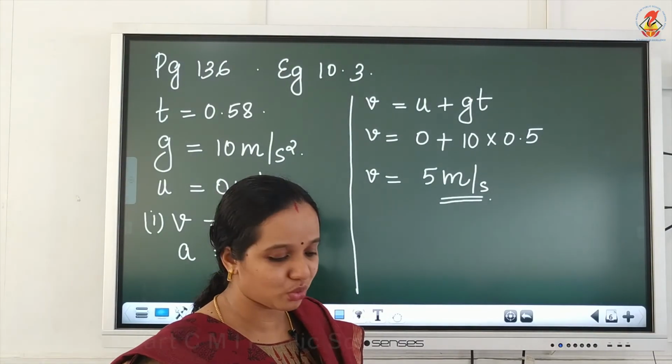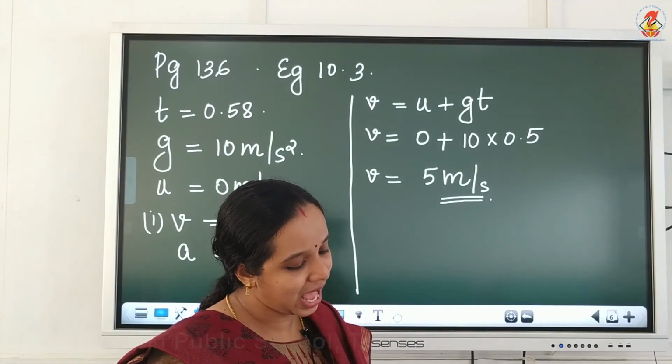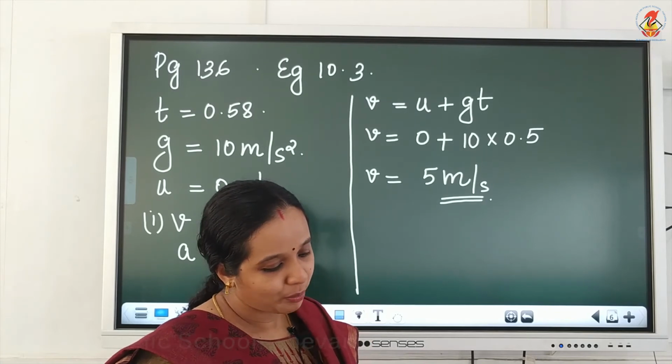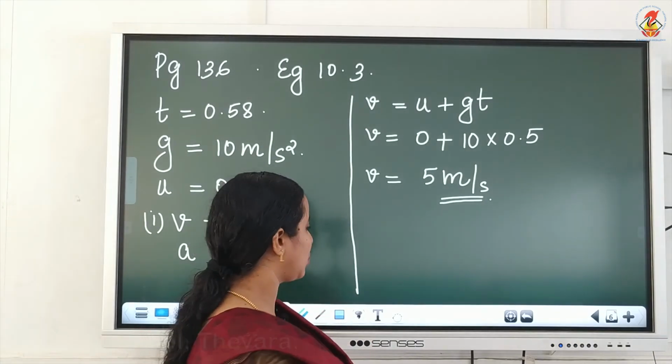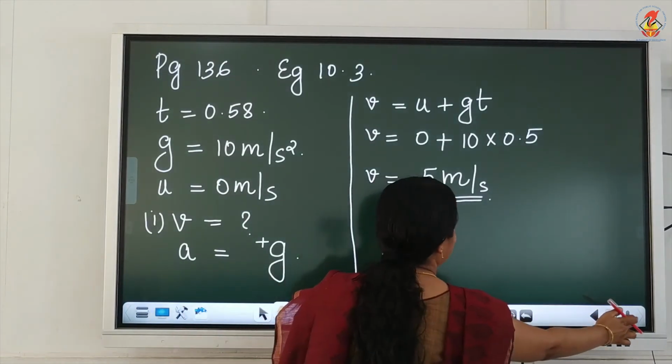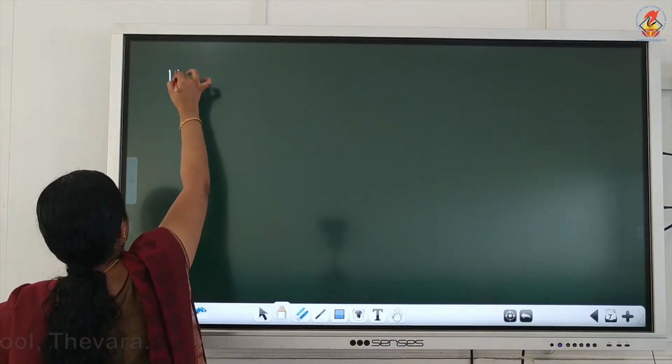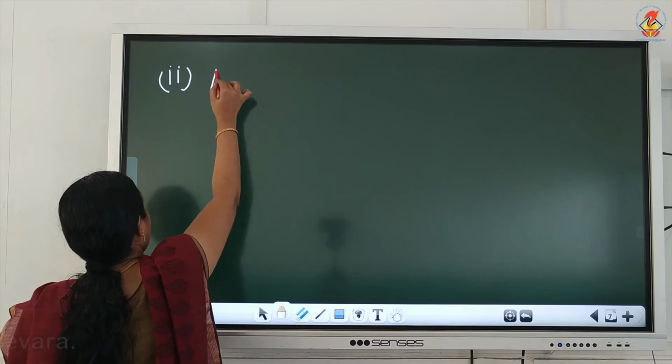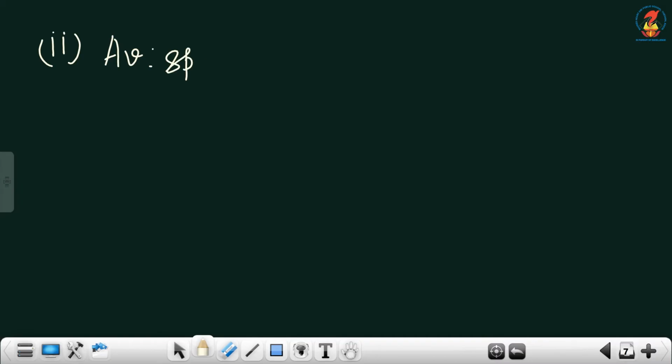Now, subdivision 2 is, what is its average speed during 0.5 seconds? You need to calculate its average speed. To calculate average speed of a body, the formula is u plus v by 2, which you have learnt in your first chapter, motion.